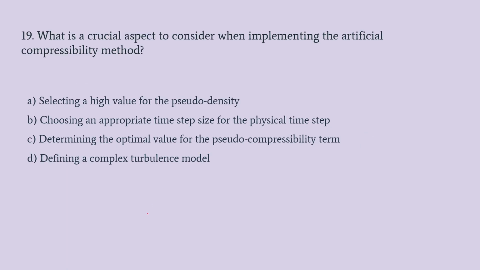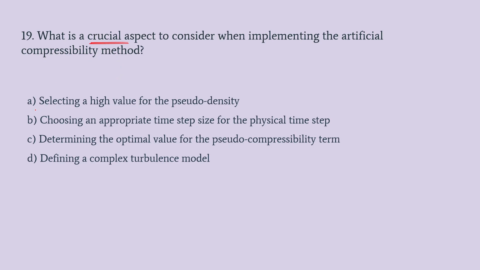Moving on to the next question: what is the crucial aspect to consider when implementing the artificial compressibility method? What is the important aspect when we are implementing the artificial compressibility method?